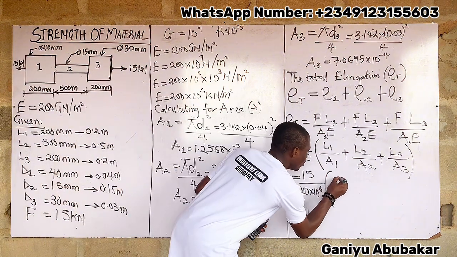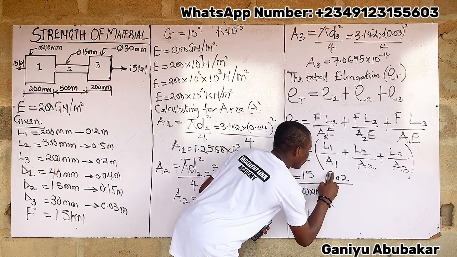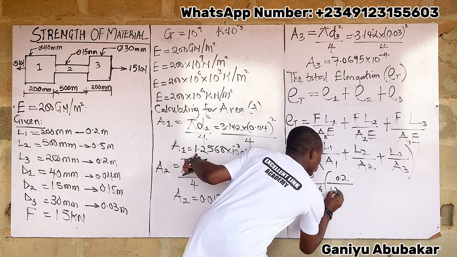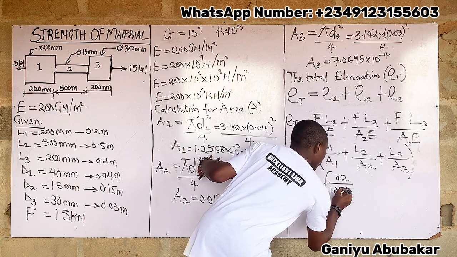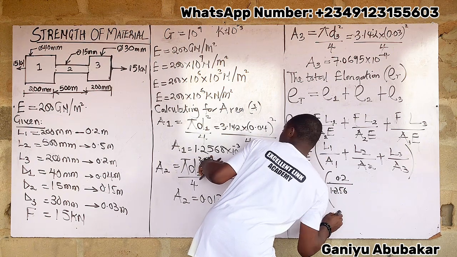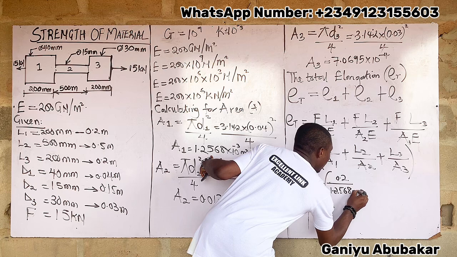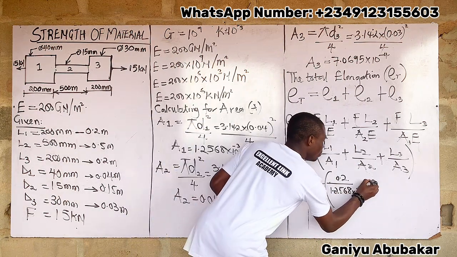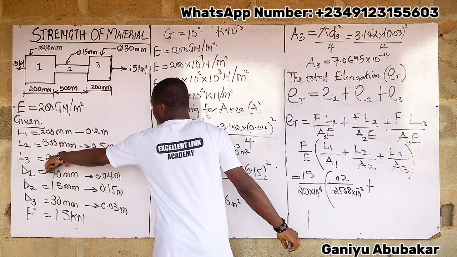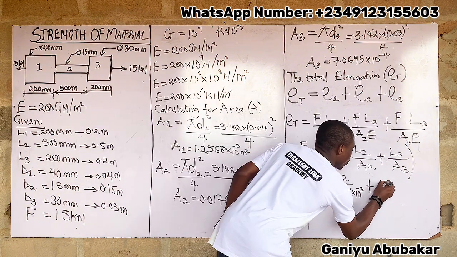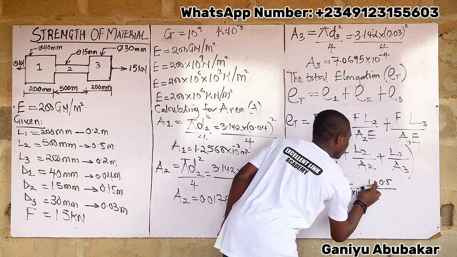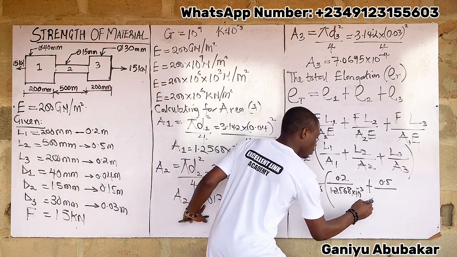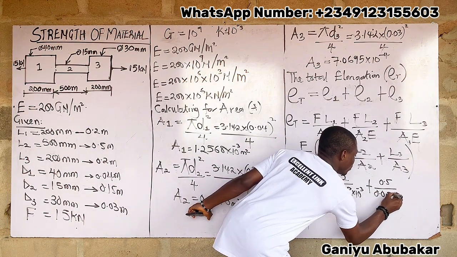So I have 0.2 all over A1, that's section 1: 1.25668 times 10 to the power minus 3. All right, I'm done with this. Plus what's L2? L2 is 0.5. 0.5 all over what's A2? That's 0.0176.